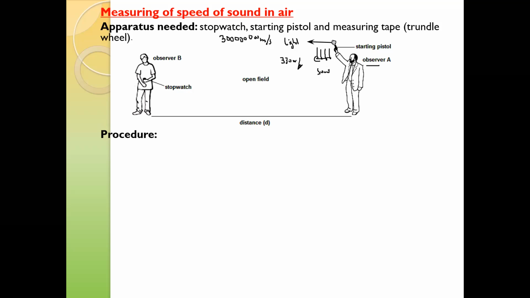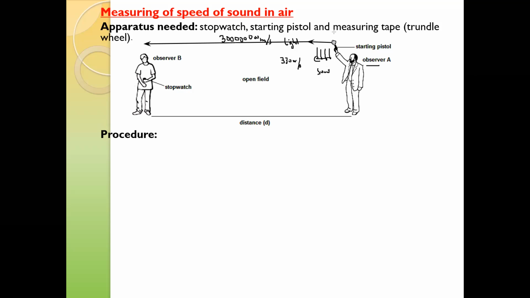So you can see there's a big difference between the speed of the sound and the speed of the light. That's why when a person at position A fires the shell, within an instant you're able to see the flash or the light, and after some time you will hear the bang. This is very common.